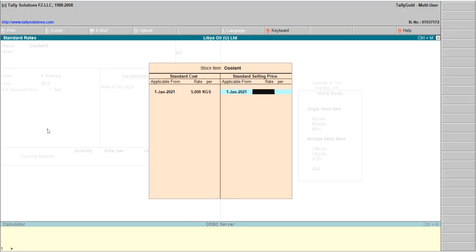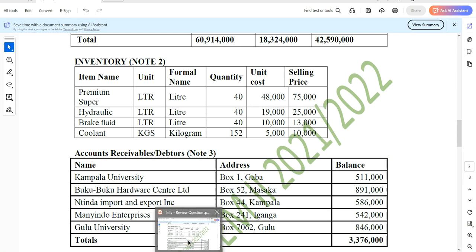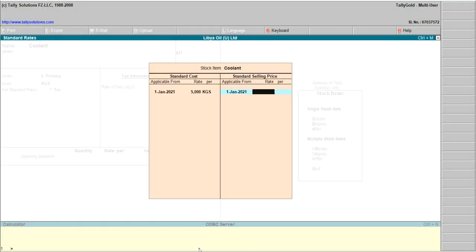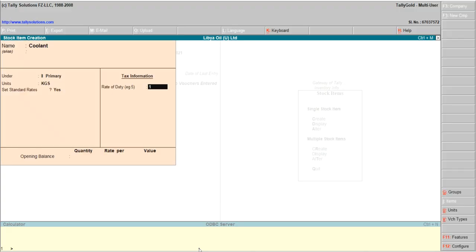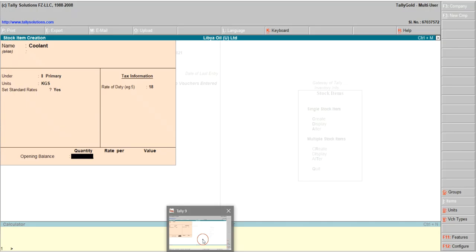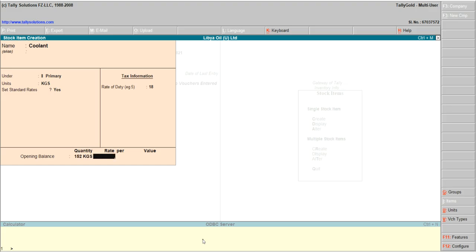Coolant, the standard selling price is 10,000 per kilogram. Rate of duty, that's 18%. Quantity is 152. Unit cost for coolant is 5,000, as I've told you.